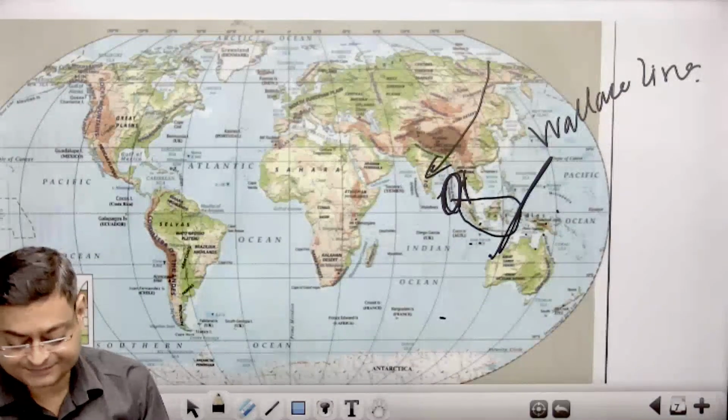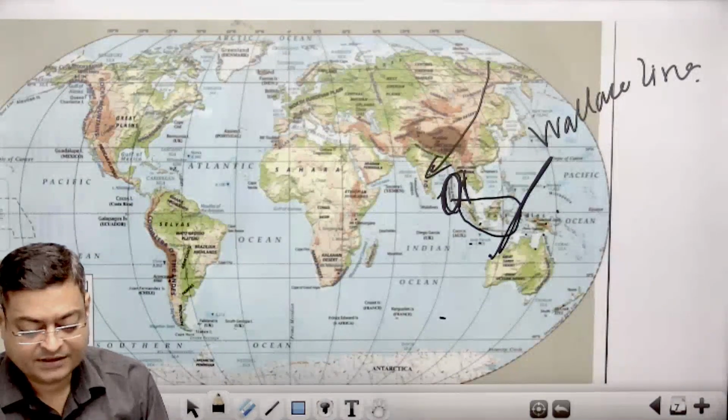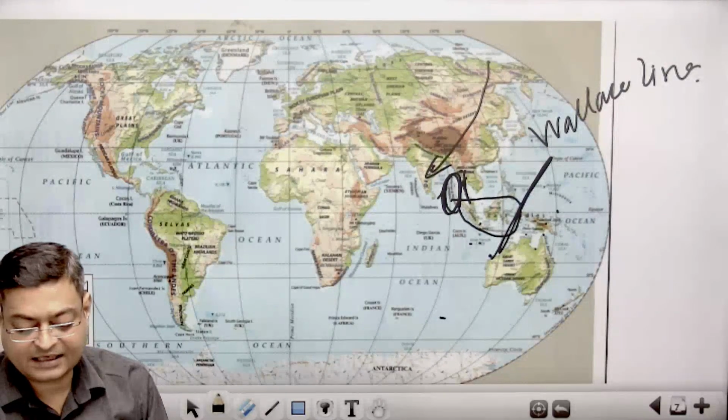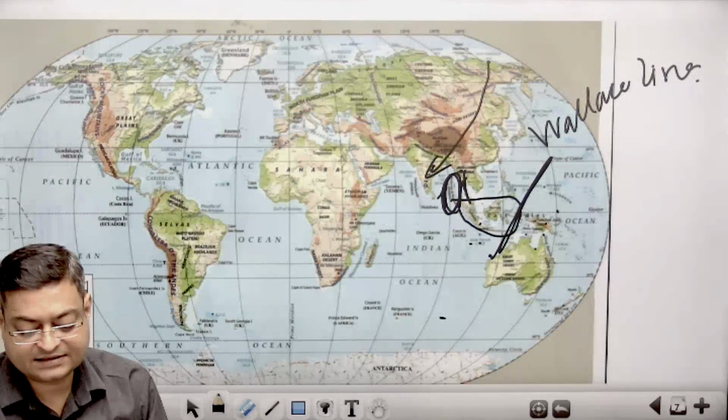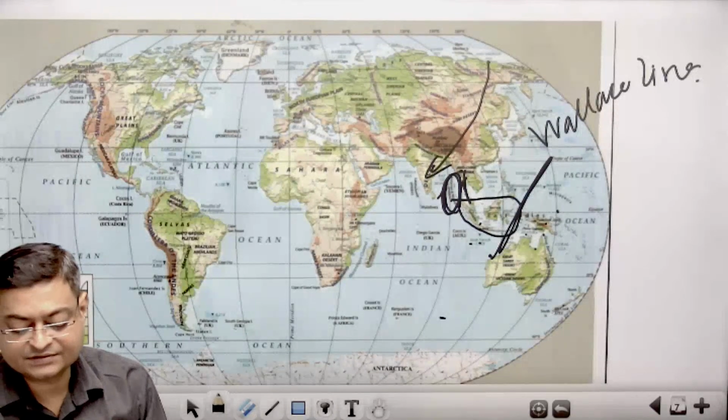Now third point, it regulates access and use of biological resources. It regulates access and use of biological resource associated knowledge.